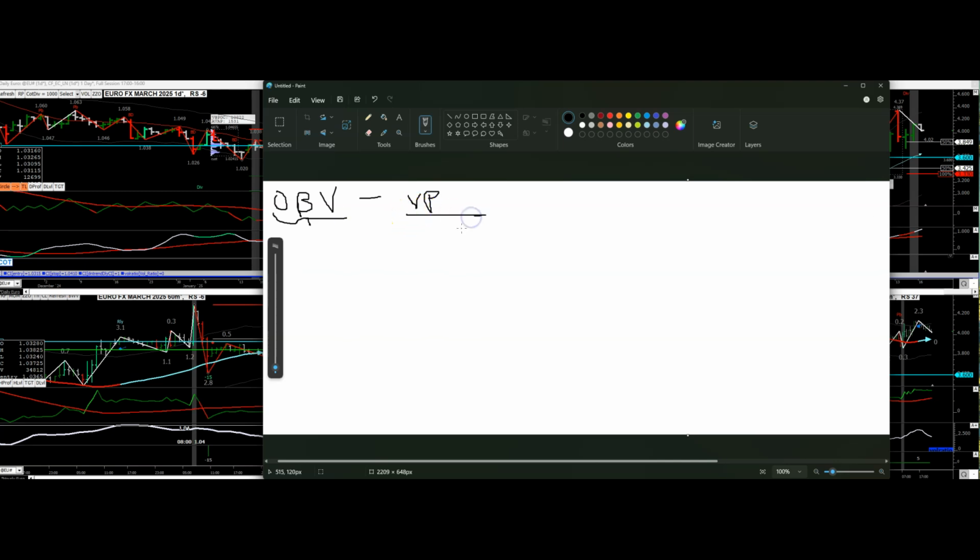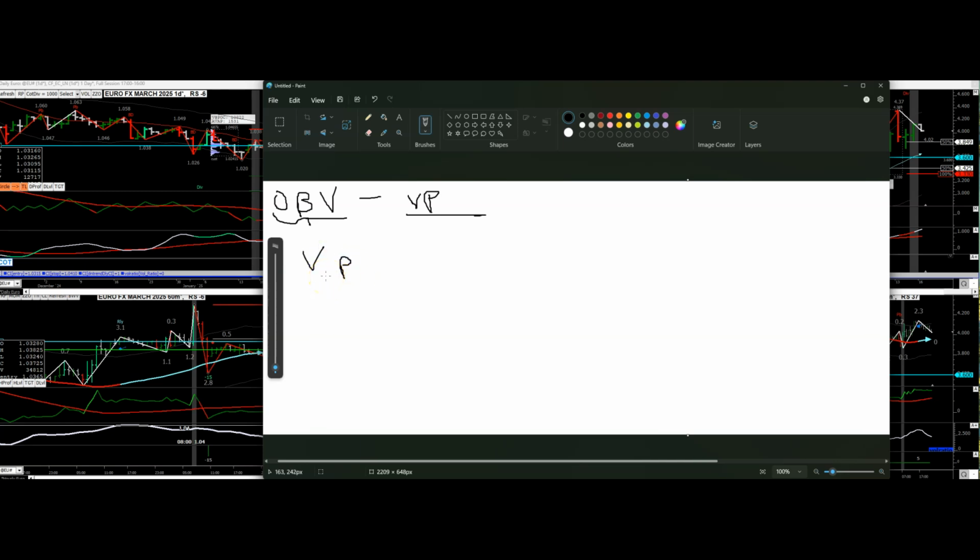The main function of on balance volume is based on the premise, or rather the building block, that volume precedes price.